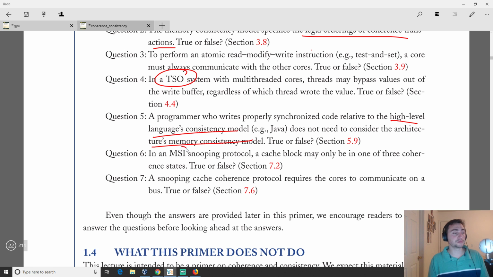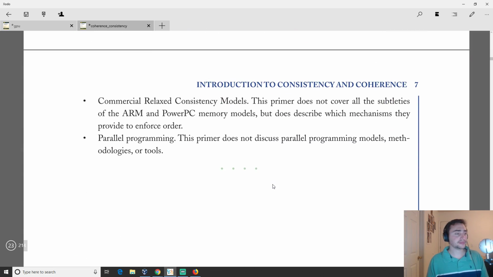Some stuff about coherence protocols, such as the MSI protocol. The MSI protocol is something that we'll actually implement as an example during this series, as well as talk about Snoopy cache coherence and what it actually requires, and be able to answer all these questions.